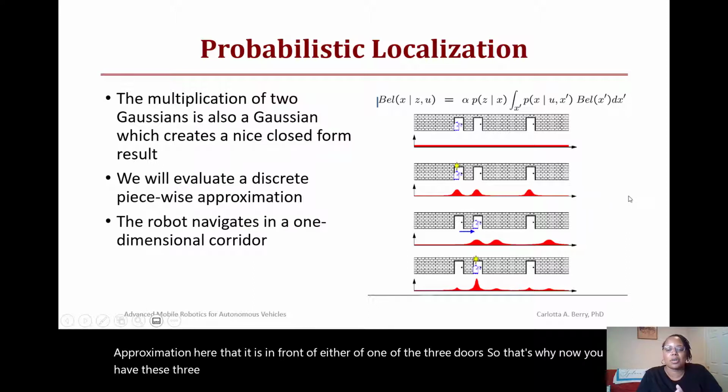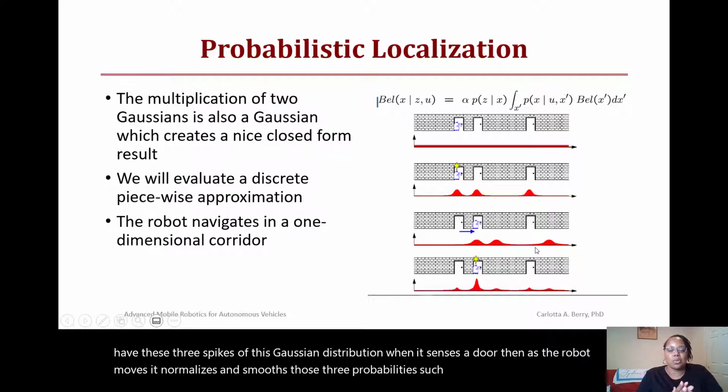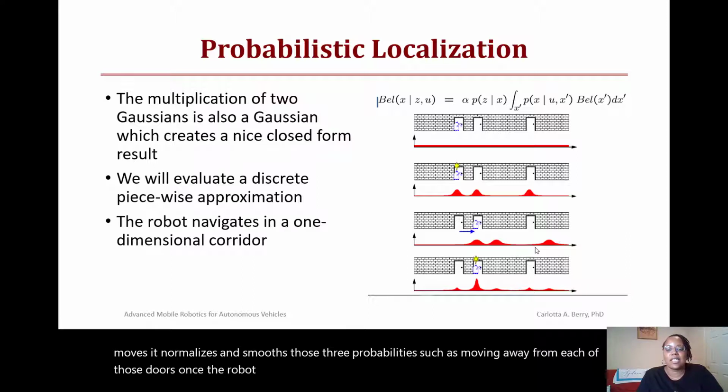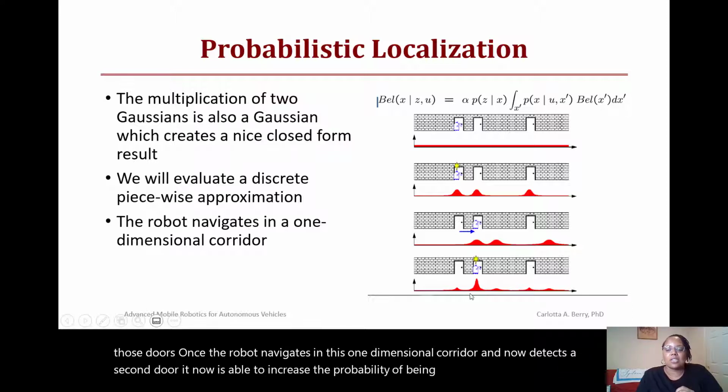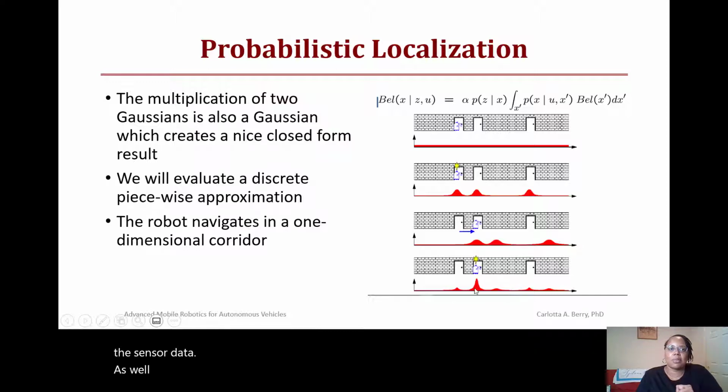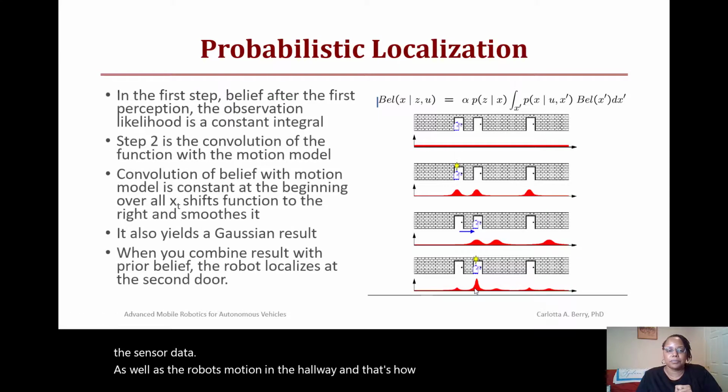Then as the robot moves, it normalizes and smooths those three probabilities as it moves away from each of those doors. Once the robot navigates this one-dimensional corridor and detects a second door, it increases the probability of being at the second door based upon the sensor data, as well as the robot's motion in the hallway, and that's how it's able to localize.